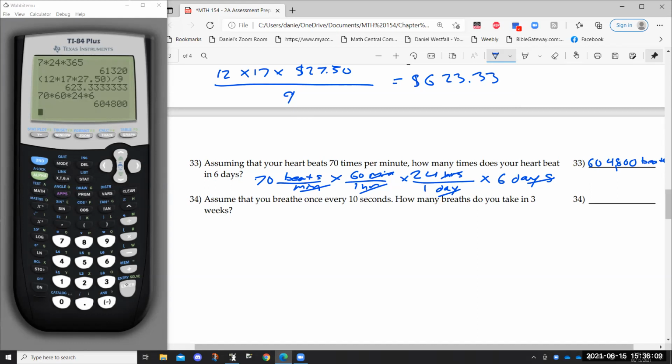Assume that you breathe once every 10 seconds. How many breaths do you take in 3 weeks?